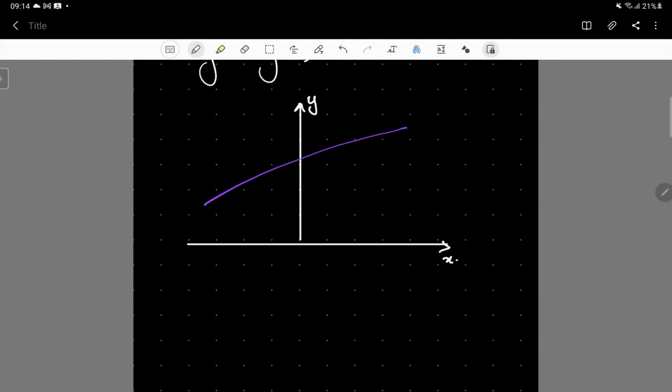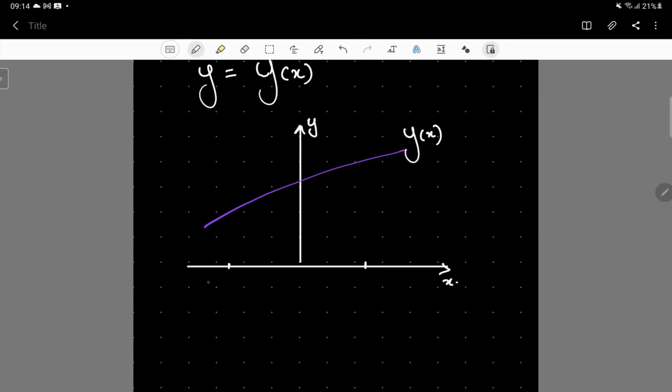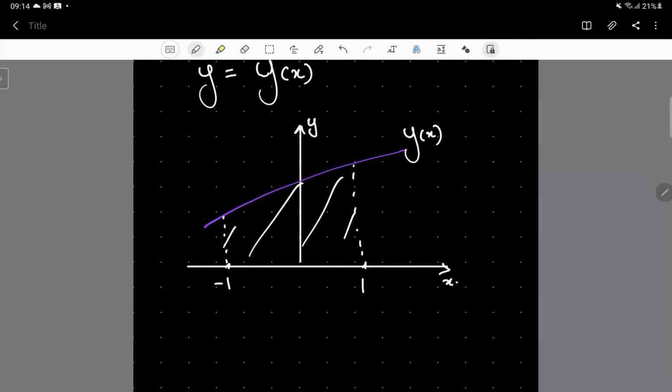So assume you are given a function, the given y function, which is to be integrated, and it is required to evaluate this integral from -1 to +1. In simple terms, you need to evaluate the area under this curve.